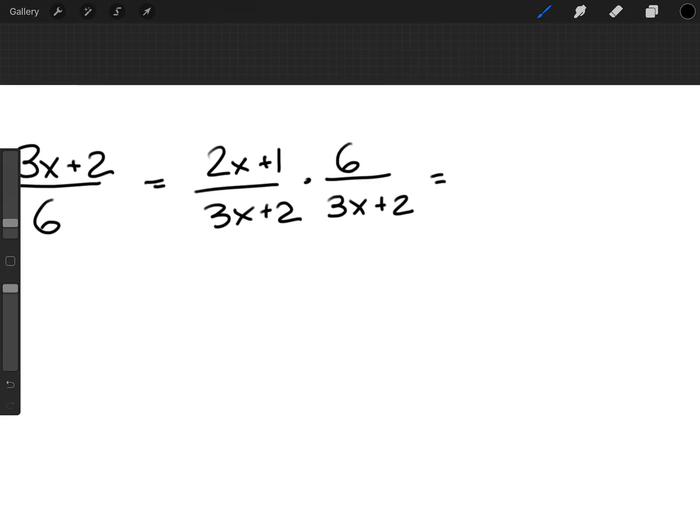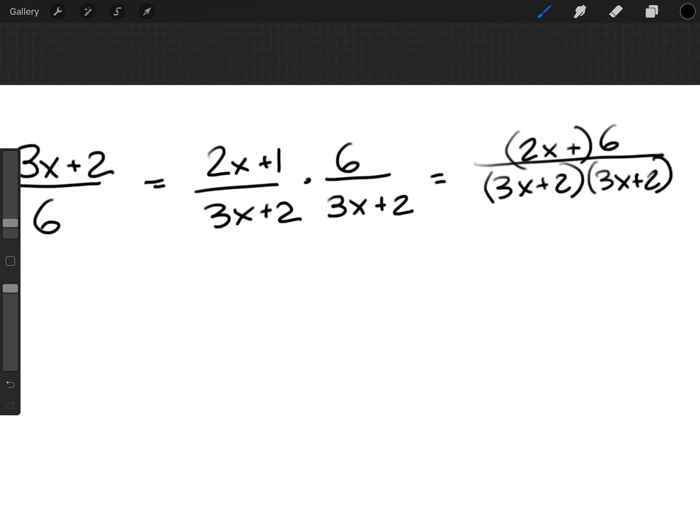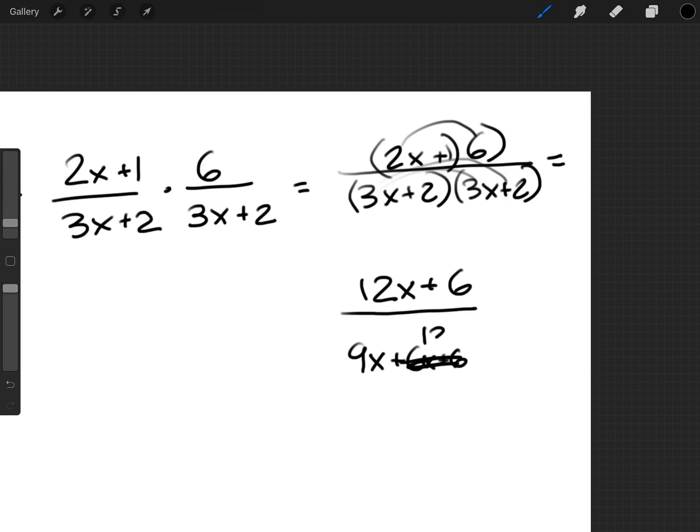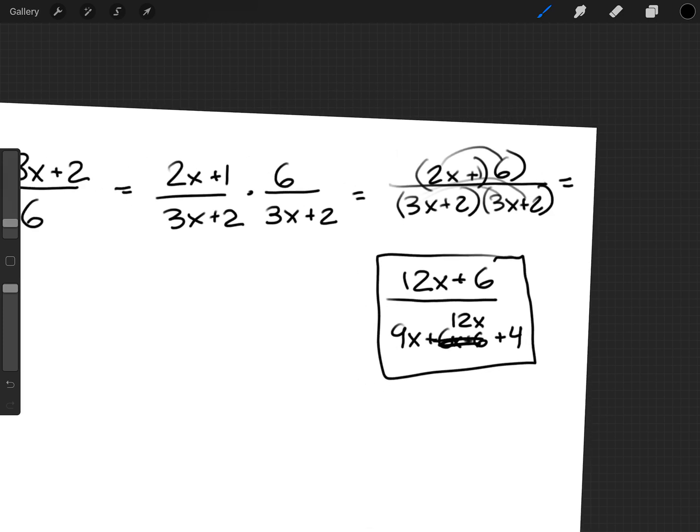And so because you cannot cancel anything out, you would just simplify it as is, which makes it become 12x plus 6 over 9x plus 6x plus 6x, which turns into 12x plus 4. And that would be your answer.